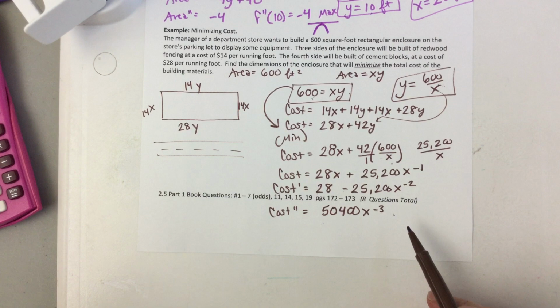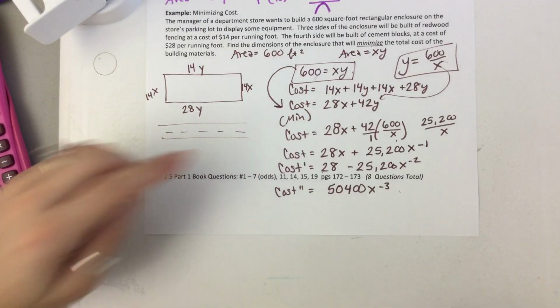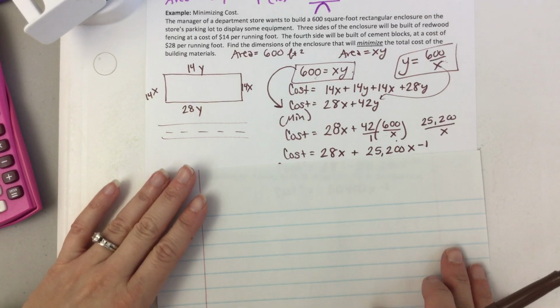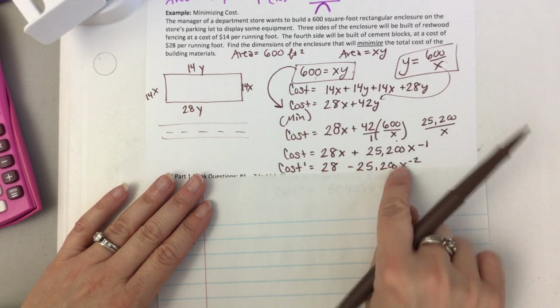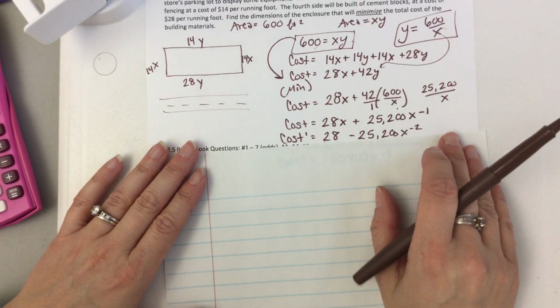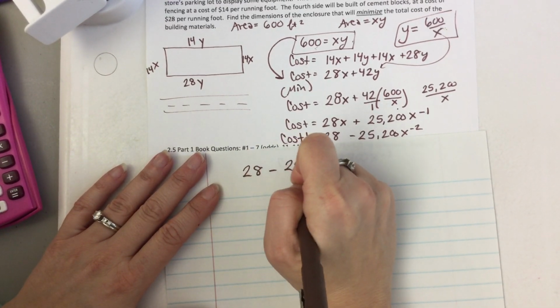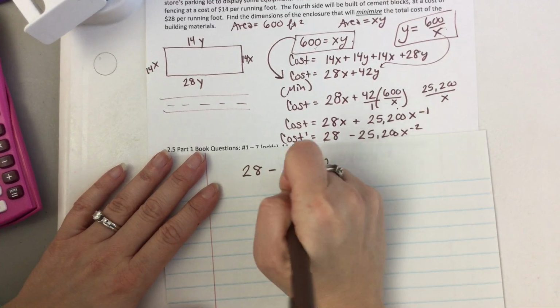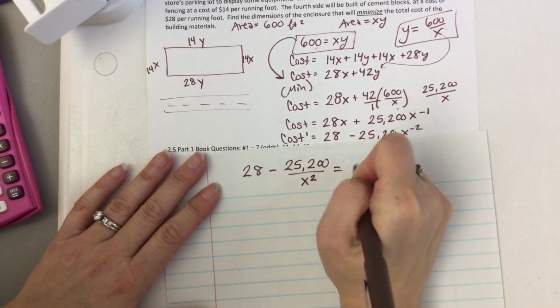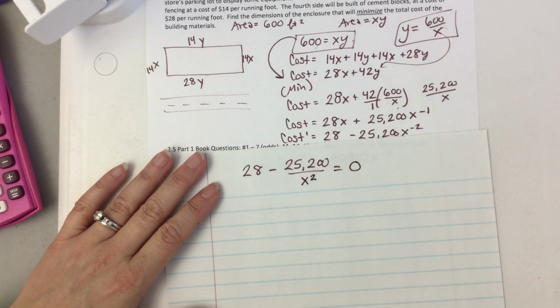If I want to know where, this is kind of wild, guys, but we got this. If I want to know where I have possible maximums and minimums, you take your first derivative and you set it equal to 0. So if I have 28 minus 25,200 x to the negative power of 2, so that means it's x squared.